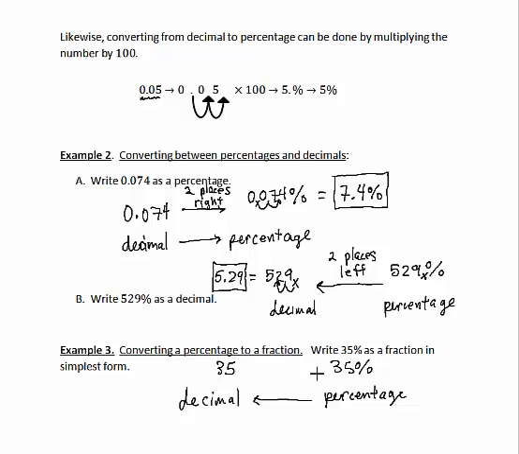The number 35 is interpreted as having a decimal point there, and I move it 1, 2 to the left, which would give me a 0 point. I could just write 0.35, or if I wanted to, I could put a 0 in front of the decimal point. But as a decimal, that is 0.35.